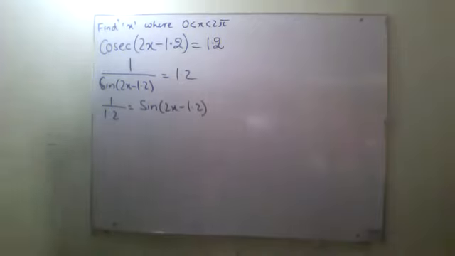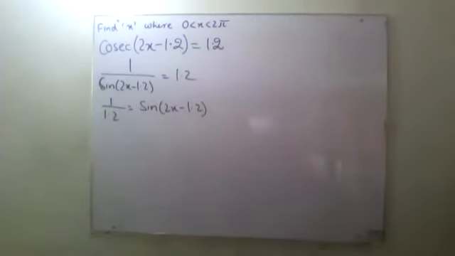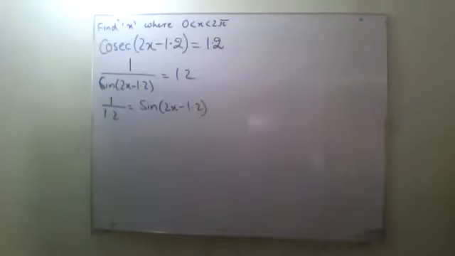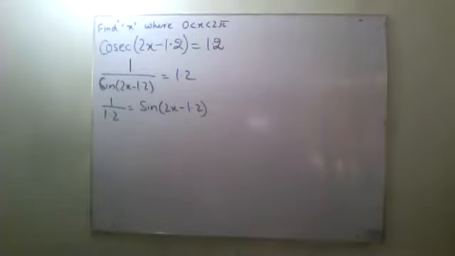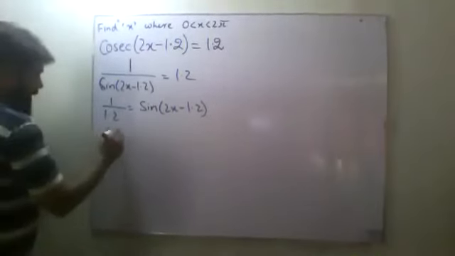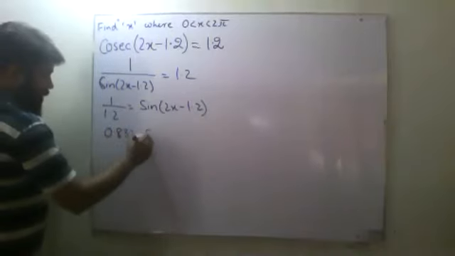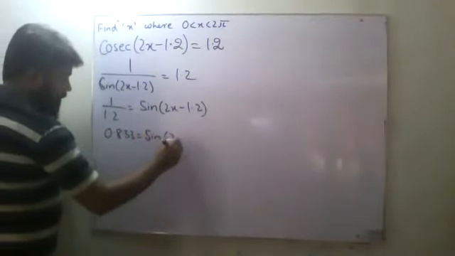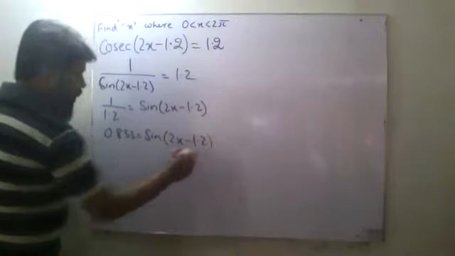Solving 1 divided by 1.2, my answer is 0.833 equals sine(2x minus 1.2).